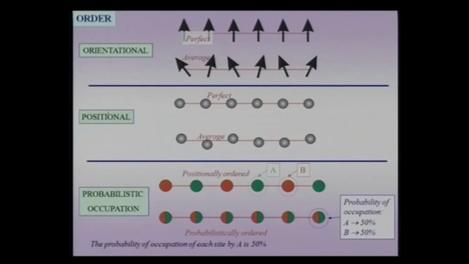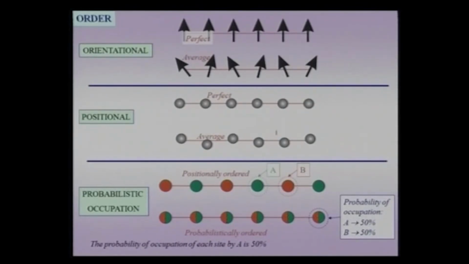The positional order similarly can be perfect, as you can see here. Since these are spherical or circular entities, I do not have to talk about an orientational aspect to this kind of crystal. Now in the average sense, you can see that some of these atoms or spheres or circles are not exactly sitting at the lattice point, they are somewhere around the lattice point. But you can see they are within a certain region around the lattice point, so they are still ordered in the average sense.